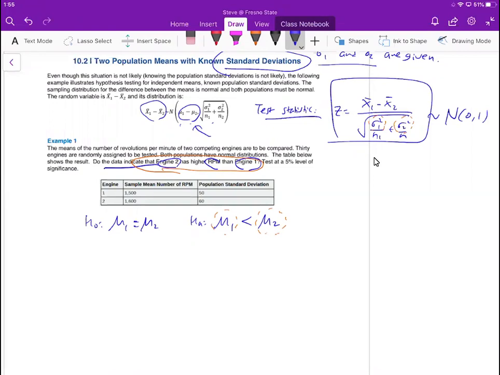Okay, so now let's compute the test statistic.